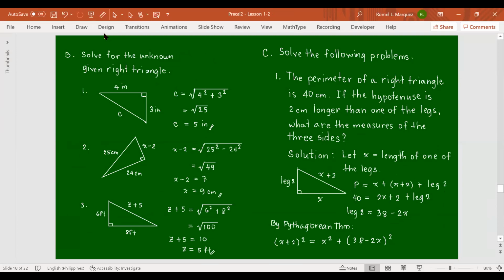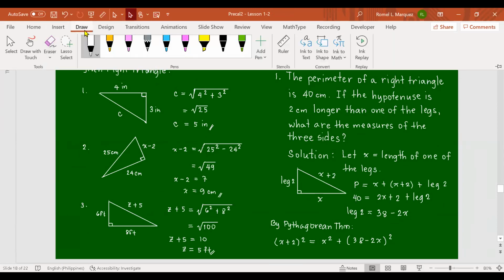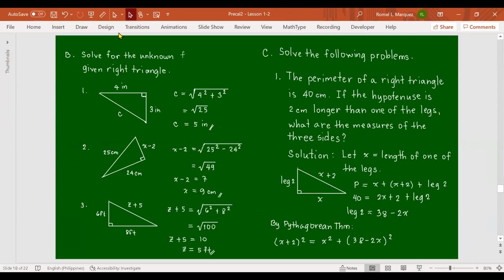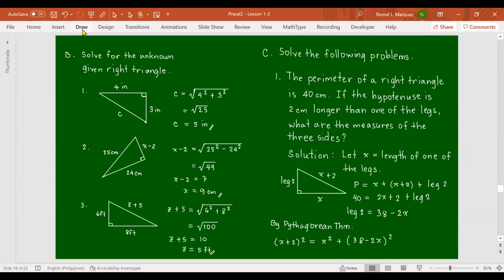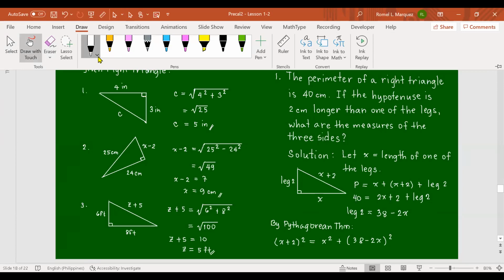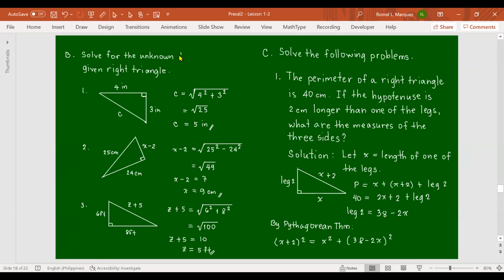Solve for the unknown for the given right triangle.